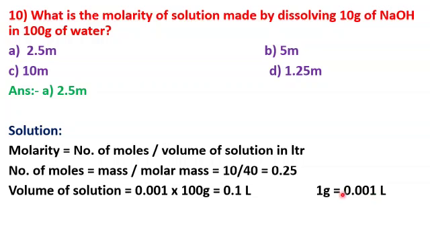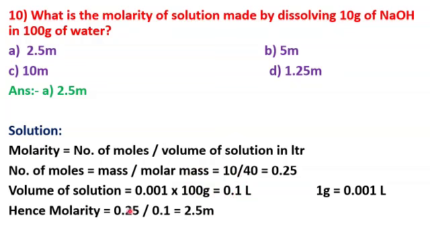So 100 gram is 0.001 into 100, which equals 0.1 liter. Then you directly substitute in the molarity formula: number of moles 0.25 divided by volume 0.1 liter equals 2.5 molar. Thank you.